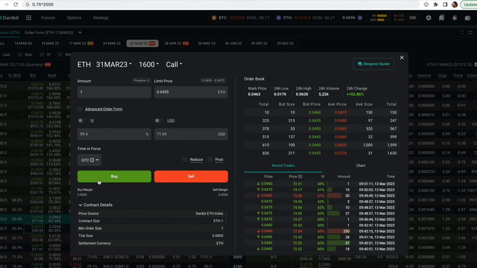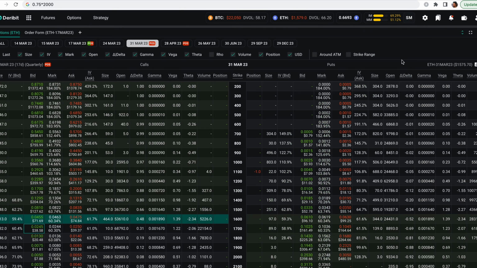The good thing, you wouldn't be required to deposit 1 Ethereum. It would be enough to deposit this collateral in your margin account, about $70-80, and you could buy this option, which then would mean that, again, two things could happen.